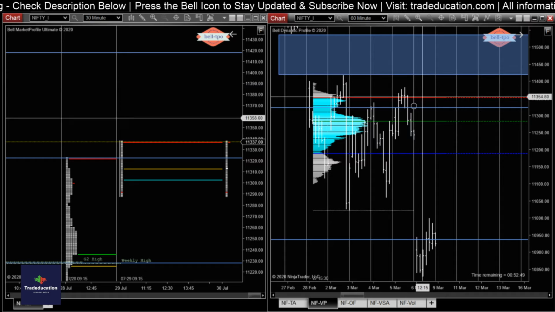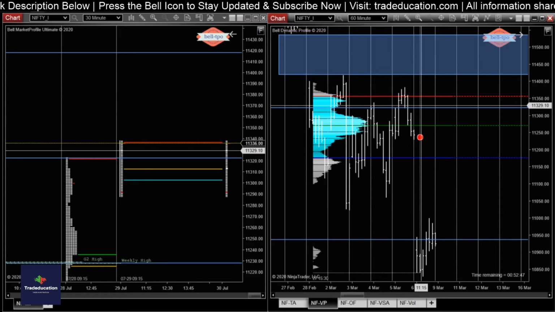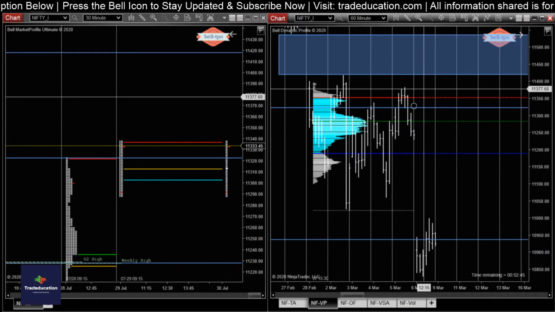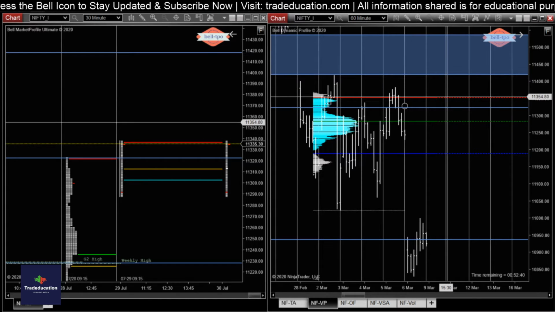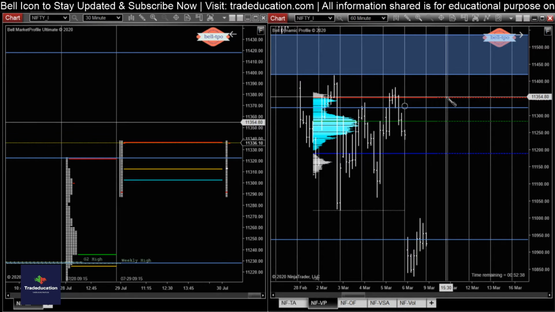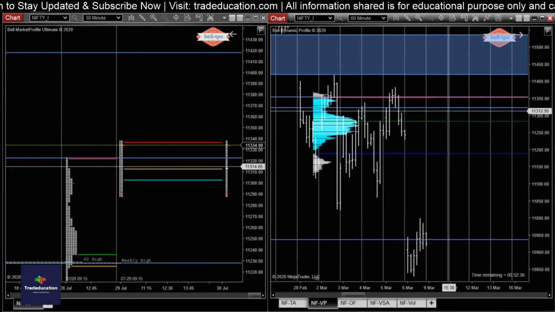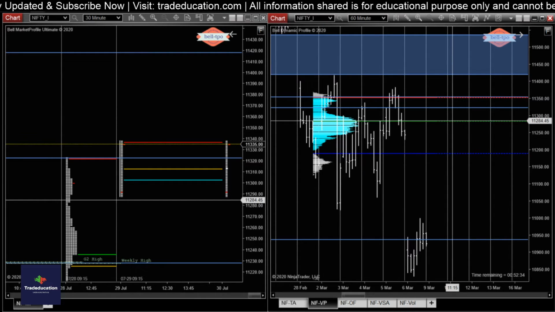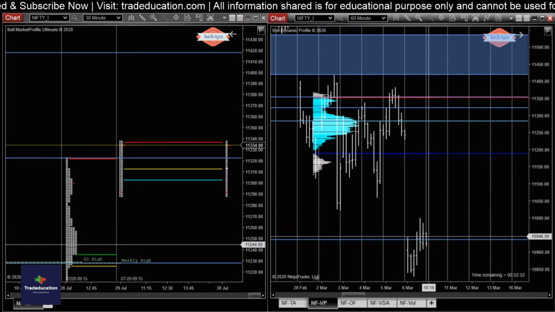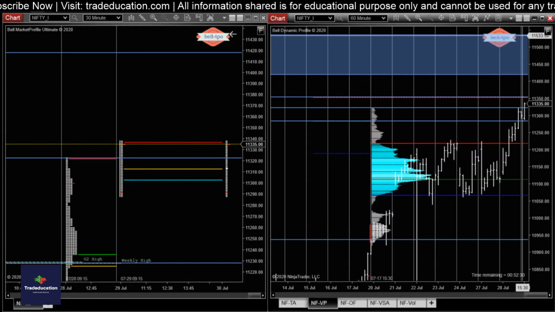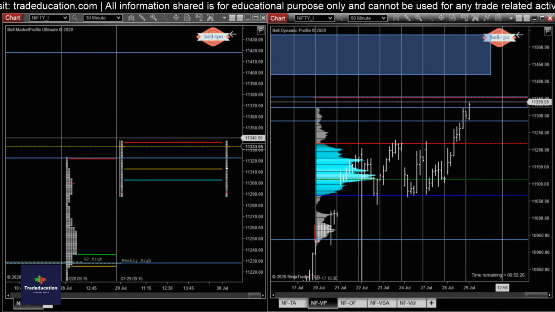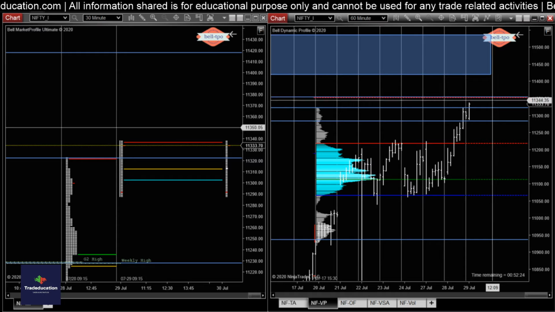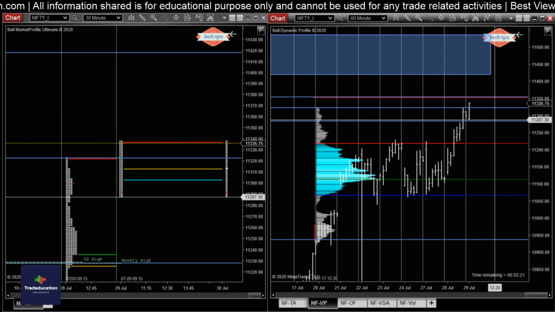Okay, so this is one area. This is the value area high. So let me mark this, and this is the POC of that zone. Okay. So now let me jump back. Okay. So this is the value area high. So, and this is the POC.